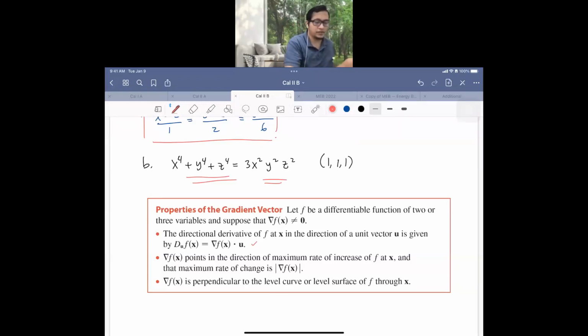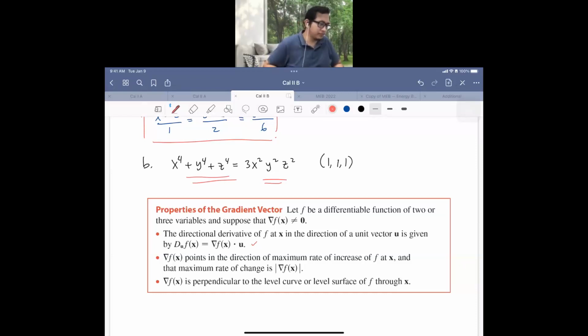Okay, these are the 3 key points in the gradient vector that you need to be aware of. And the second one, the maximum rate, as we mentioned before, is the absolute value of the gradient vector. So you need to find the value of the gradient vector. So you need to rewrite the vector form and then write it in terms of the magnitude.